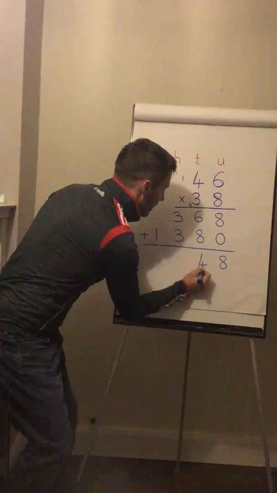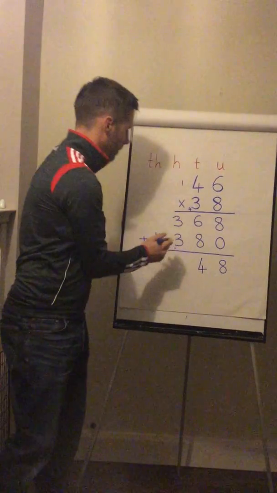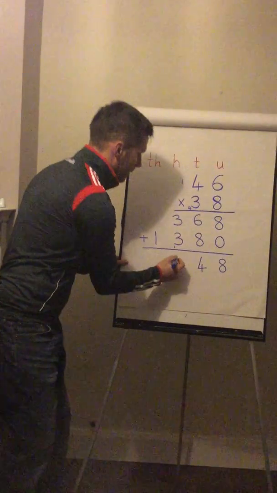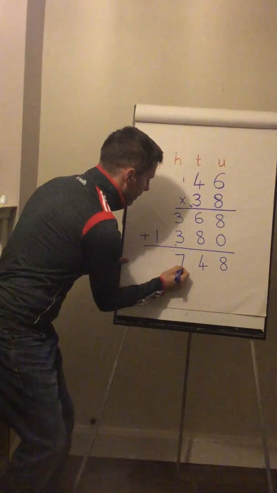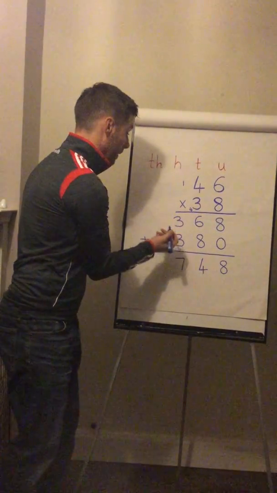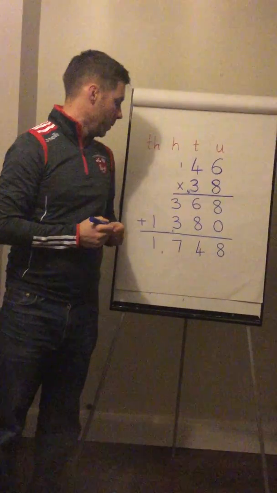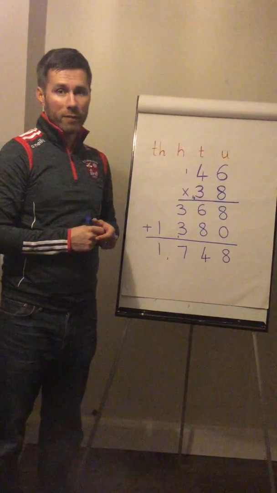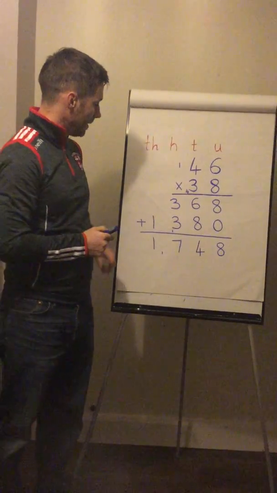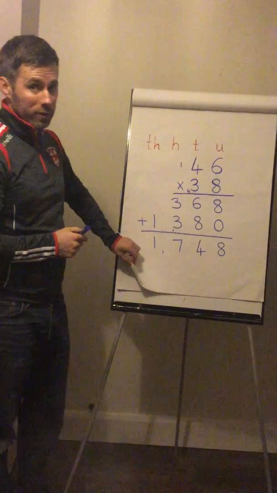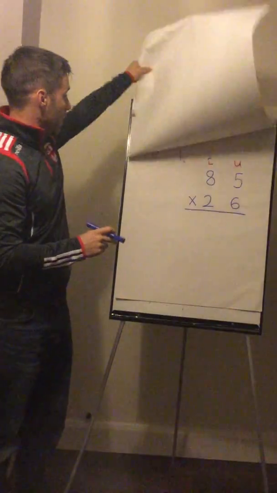Put down my 4 to carry my 1. 3 plus 3 gives me 6. Plus 1 is 7. And 1 plus nothing is 1. So my answer is 1,748. That's example 1.